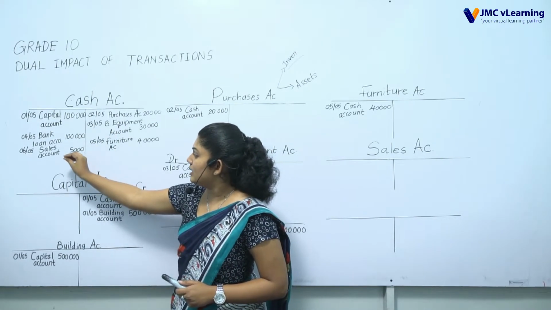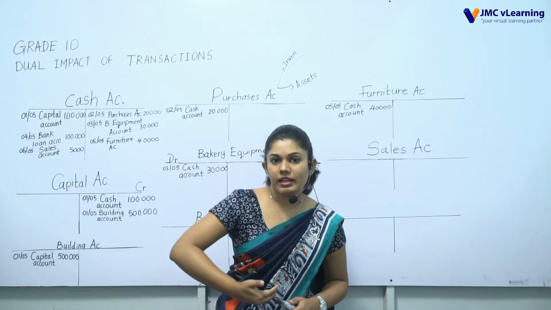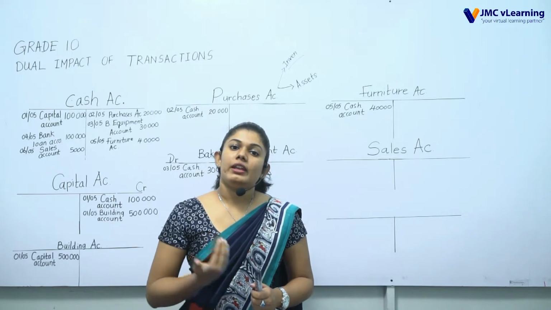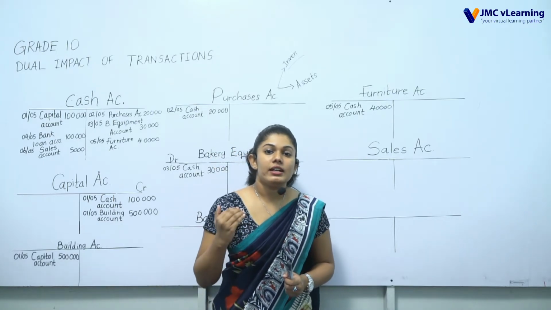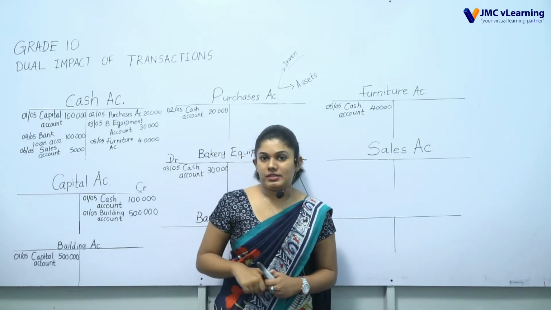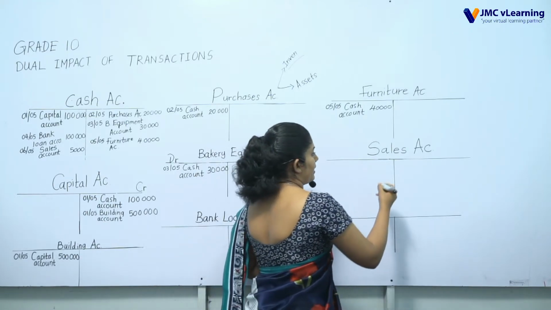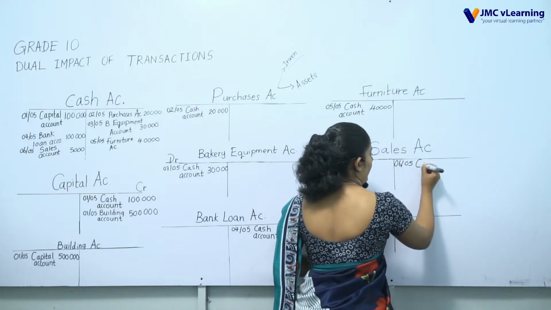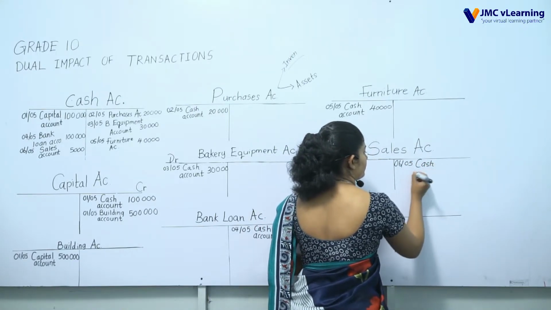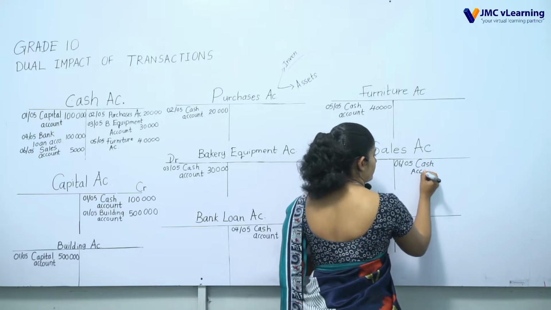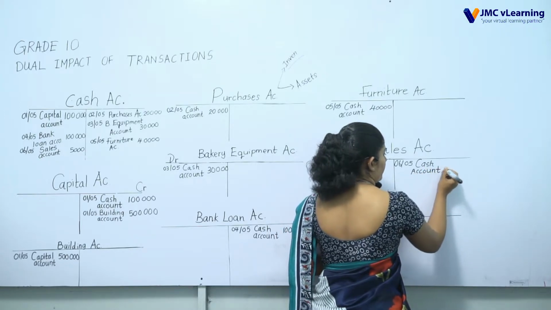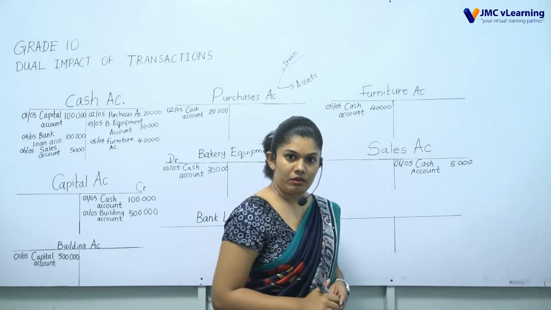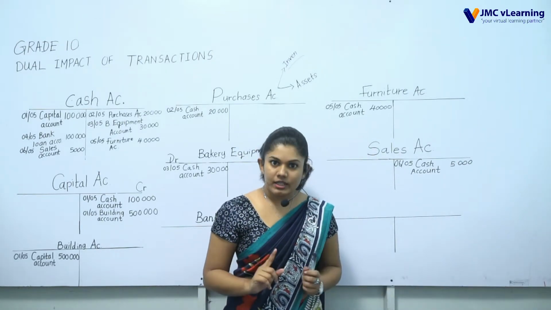I debited it into cash account because we are receiving cash. And sales is an income. Therefore, when income increases, it's credited. 5,000 is credited in the sales account. 6th of May, cash account, 5,000. Now the debit entry and the credit entry is completed.